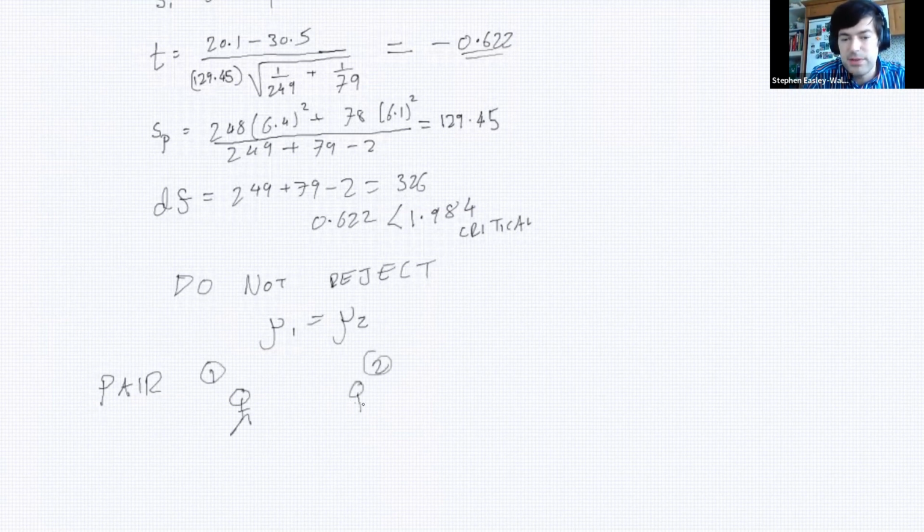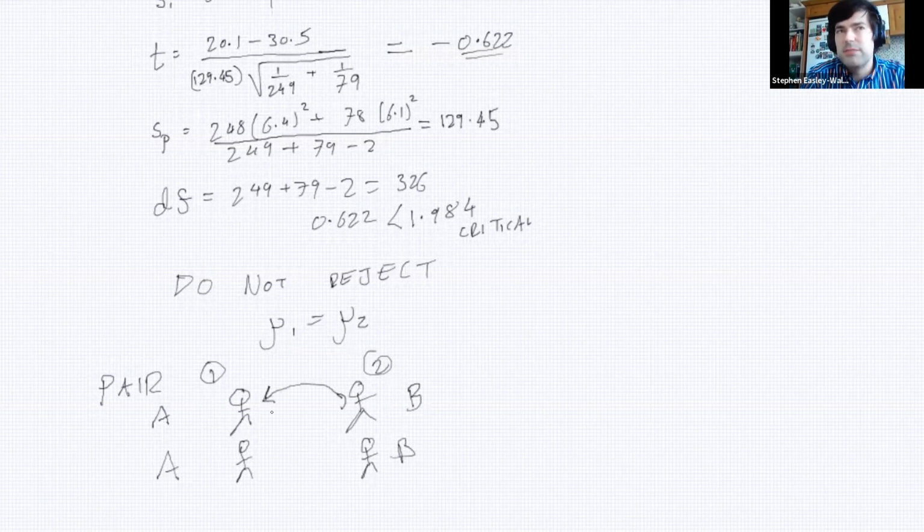So for example, maybe the first person is taking drug A in January, and then they take drug B in February. Then maybe the second person takes drug A in January, and they take drug B in February. For each person in group 2, you can match it up with themselves in group 1.